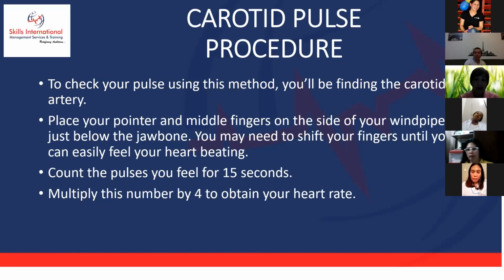The same way, you will put your 2 fingers on the carotid pulse and start counting the same. 60 seconds for 1 minute, 15 seconds multiplied by 4, and 30 seconds multiplied by 2.